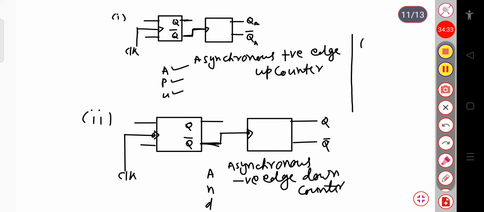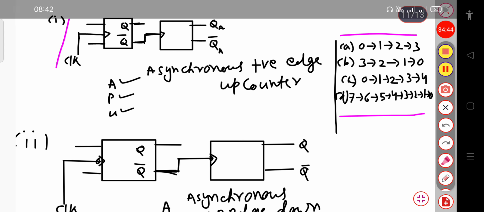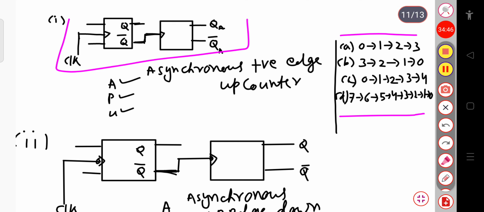Suppose these options are given in your exam, and you have been asked what type of counter, this much is given. Suppose in this question, what type of counter you will get here. So you have to check whether this is an up counter or down counter. So when you see that this is an up counter, then up counter will count from low to high. And again there are two flip-flops, so this is 2 power n minus 1, that is it will start from 0 to 3. So this is no doubt 0, 1, 2, 3 is our correct option.